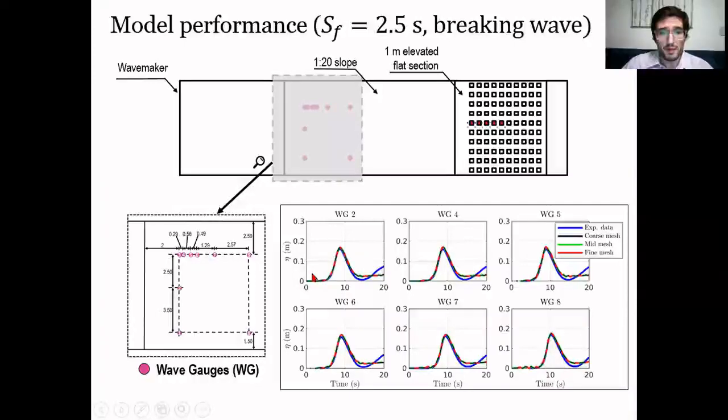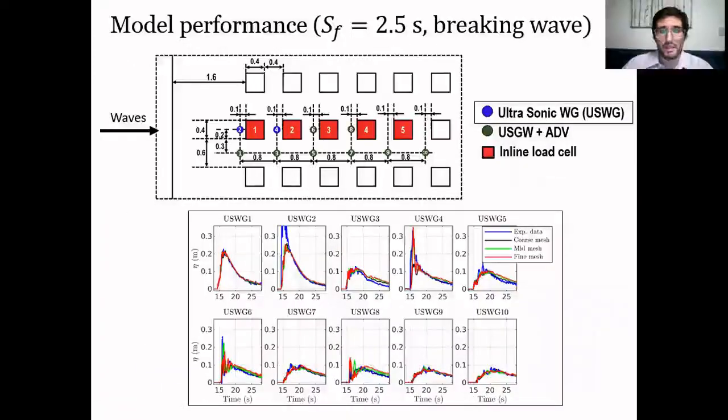The agreement on the offshore wave gauges was reasonable between the model and the data. The agreement with the ultrasonic wave gauges in the test section was also well captured by the model. It was reasonable, except in gauges 2 and 4 where there was a lot of water splashing.